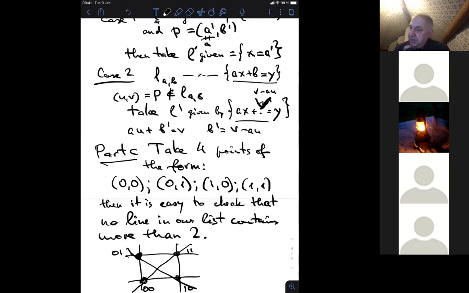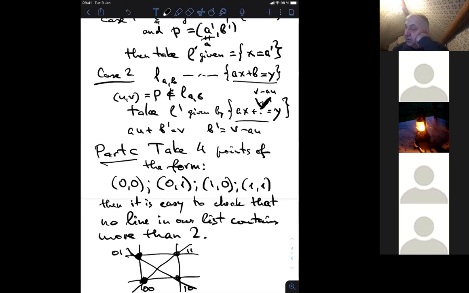So how to check it? If we just plug this in the equation, we can look at lines containing, for example, (0,0) and (0,1). They should definitely be of the form x equal to 0, so they will not contain 2 other points.